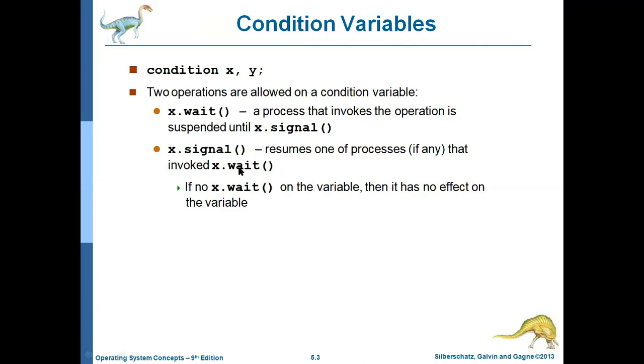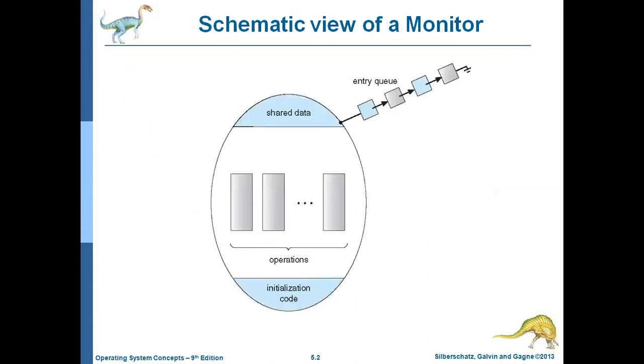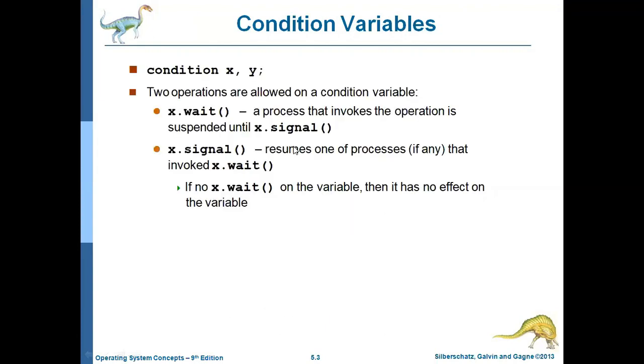Signal is nothing but, when a process performs signal operation on a condition variable, one of the blocked processes is given the chance. Signal means it will release the lock and release one of the processes. So when a process releases the signal, automatically one of the processes in the blocked queue state is given the chance to execute in the critical section. Is it clear?